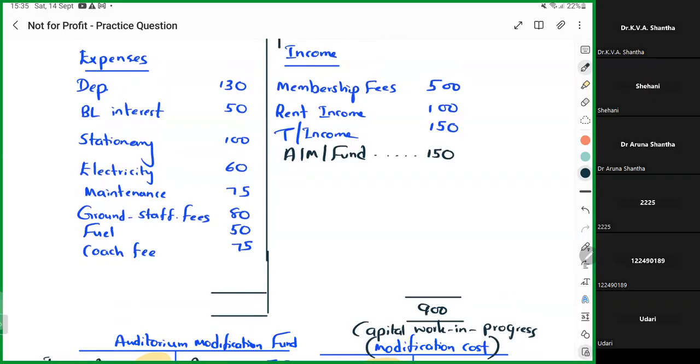How much total expenses? Total expenses. You can get the total. How much? Total expenses.